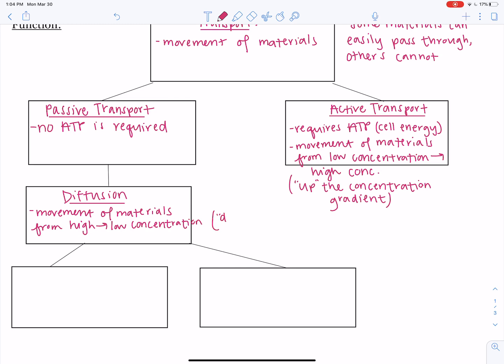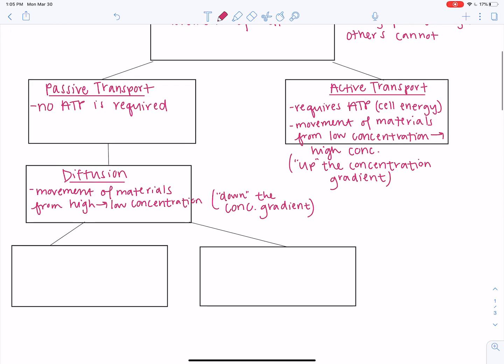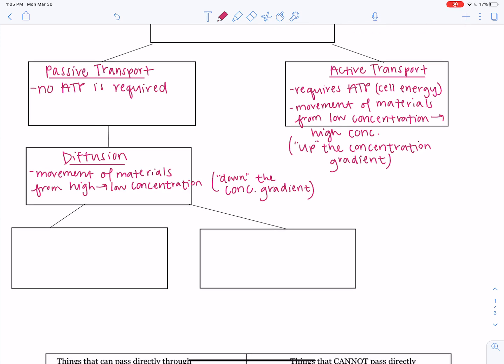We say that this is down the concentration gradient. So you see this all the time if you spray an air freshener in the corner of a room and the particles spread out, right? They go from that area of high concentration where you sprayed the Febreze to an area of low concentration where there's no air freshener. We're going to talk about a couple different types of diffusion.